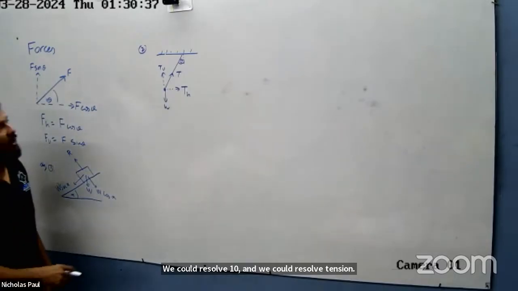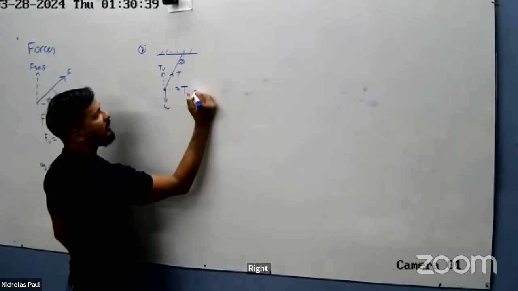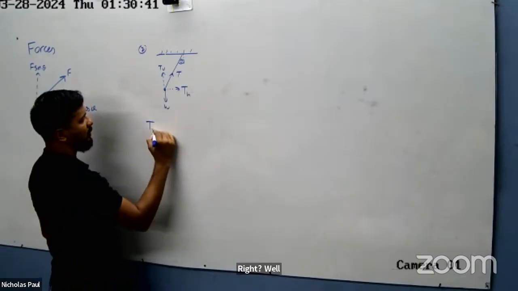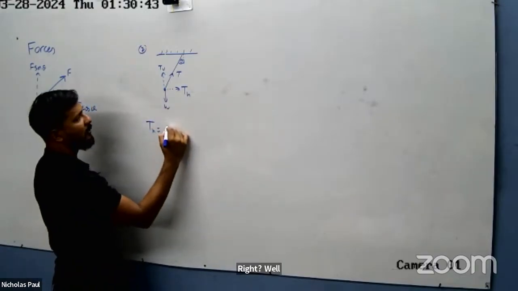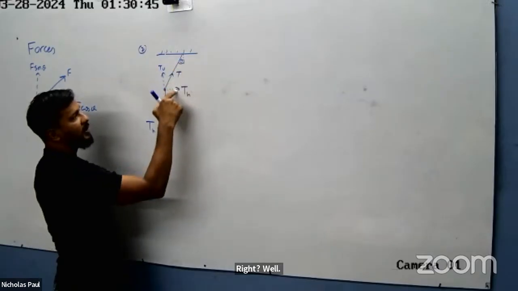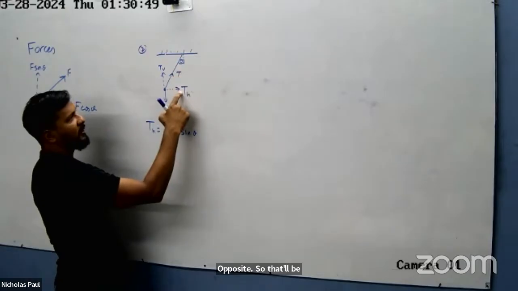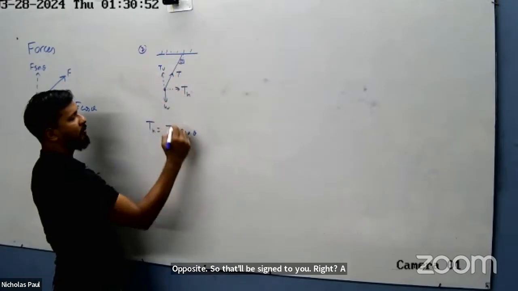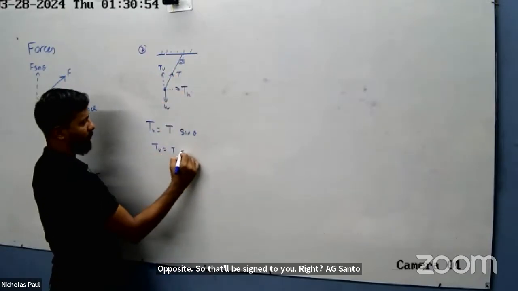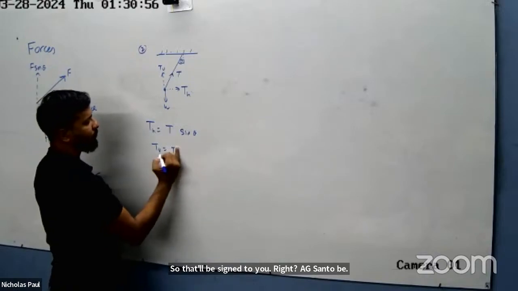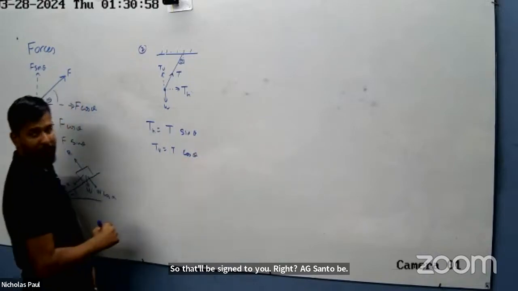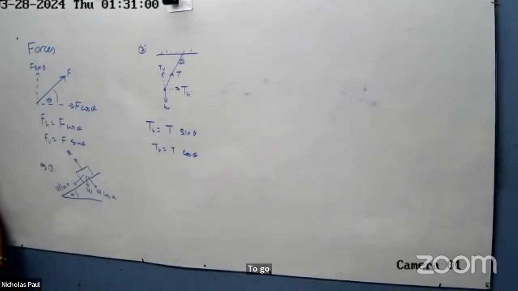What is tension horizontally here, Killen? Opposite, so that'll be sine theta. Opposite is horizontal, adjacent is vertical. That's why I said at the beginning, it's not always the same. You have to pay attention to where the angles are.